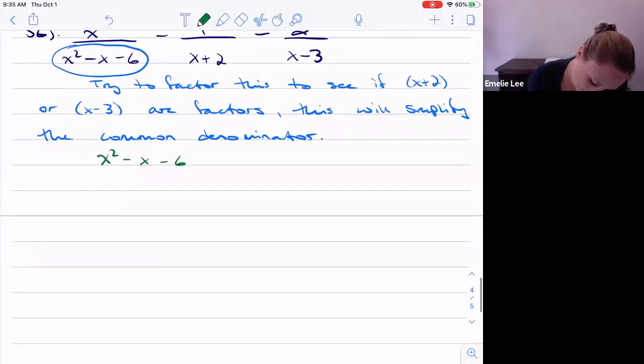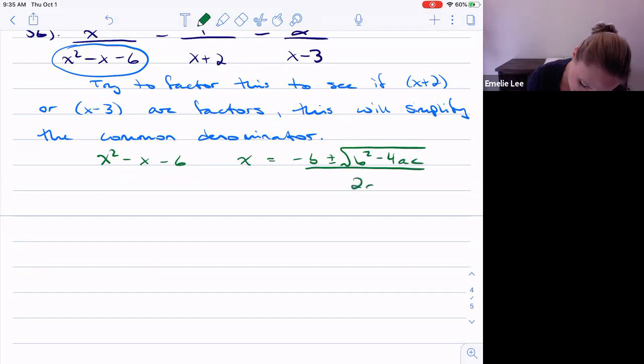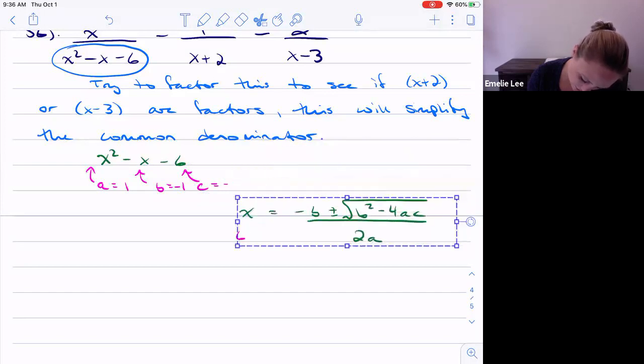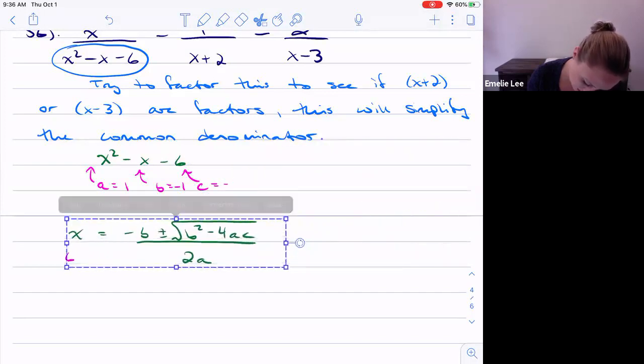So here the solutions are x equals negative b plus or minus the square root of b squared minus 4ac, over 2a, where a is 1, b is negative 1, and c is negative 6. Maybe I'll bring this down a little bit here, to the next page.